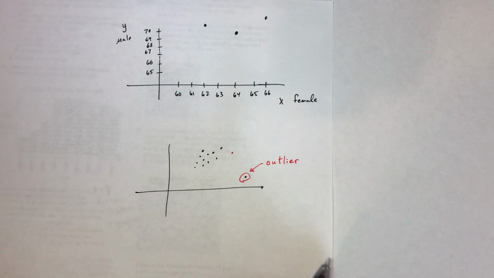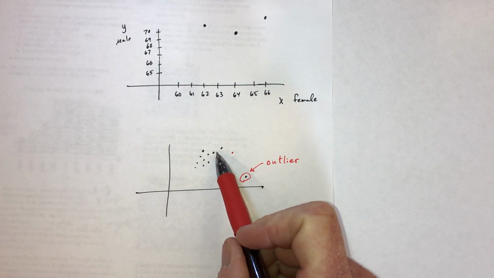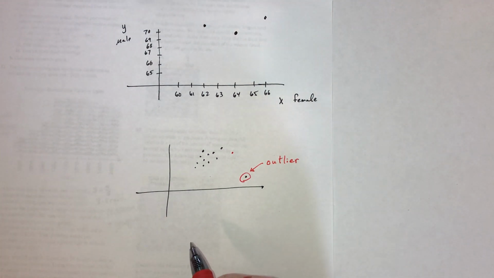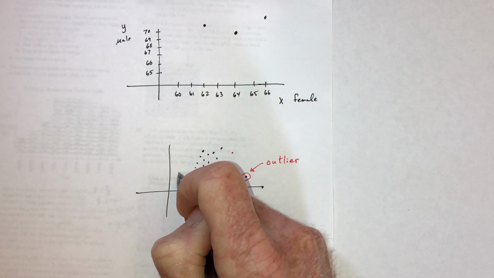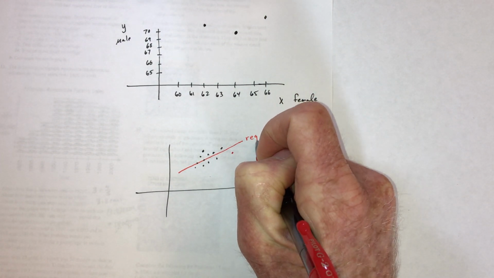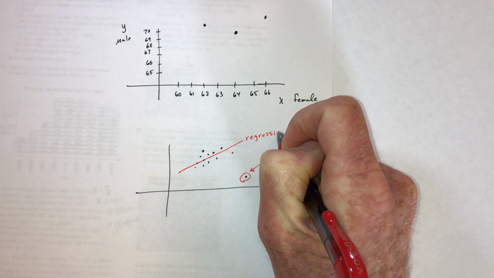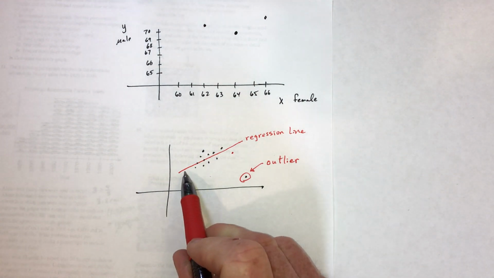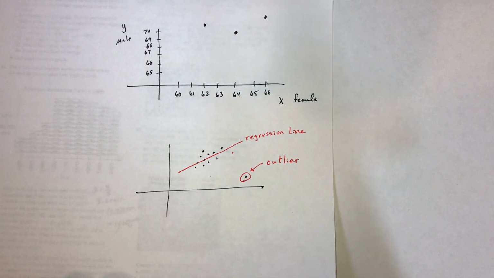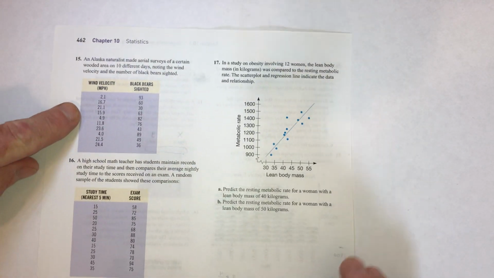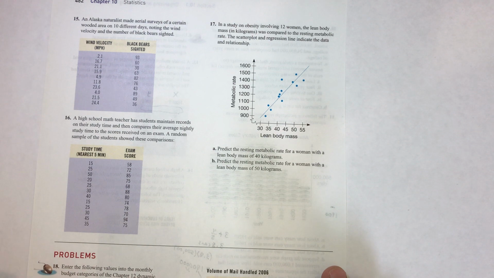So the regression line means once you have the dots, and let's say these are the dots, and pretend this outlier isn't there, or it doesn't really matter if it is there or not, then you basically just make a line that goes through the middle of the dots. That's called the regression line. And it doesn't have to be perfect, it should just basically go through the middle of the dots. So this one is very similar to 13.